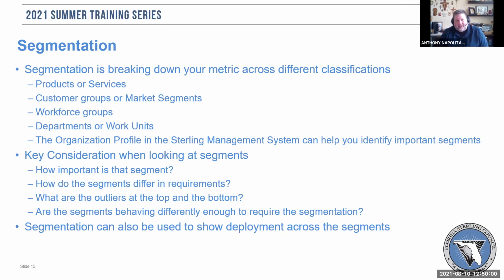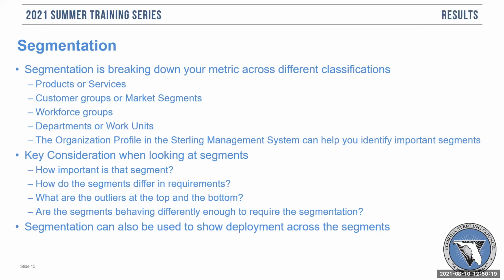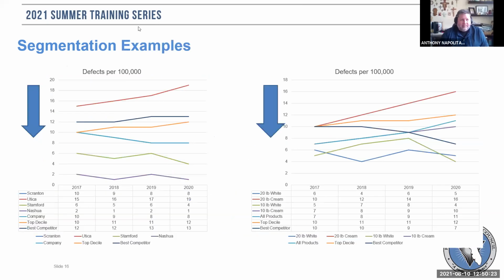Are segments behaving differently enough to require the segmentation? If they're behaving the exact same way, is that segmentation important? And going back to trends, they can help show learning, innovation and improvement. Segmentation can help you show deployment across the different segments. So there's your piece. Let's take a look at the example.